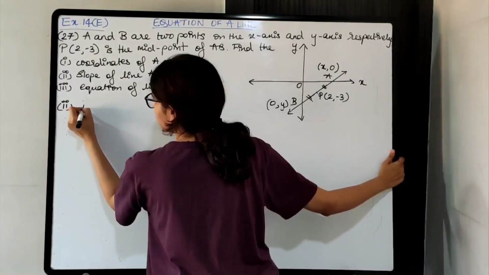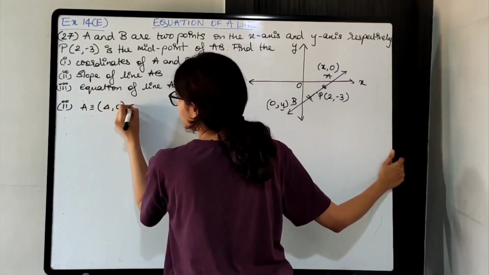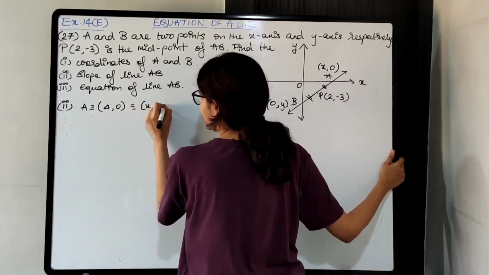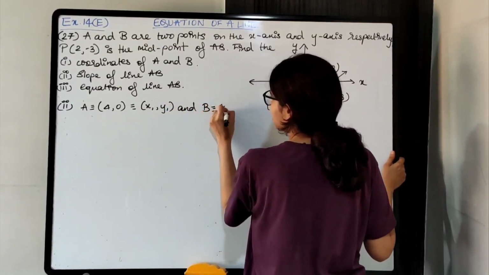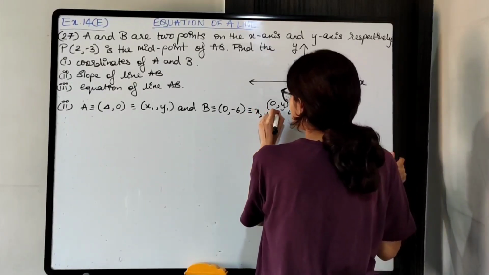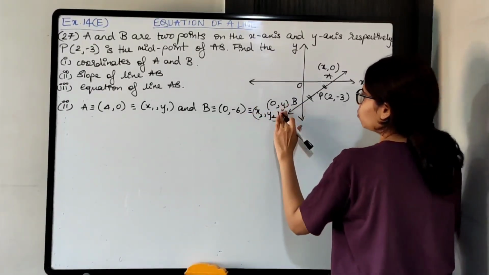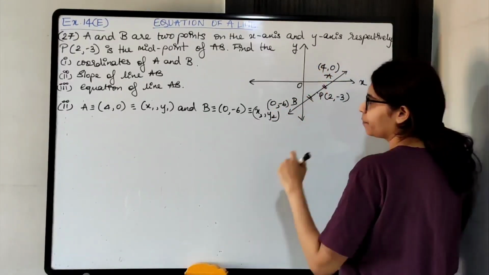Okay. So A is 4, 0, which we are taking as x1, y1, and B is 0, -6, which we'll take as x2, y2. Okay. So 0, -6 है, ये 4, 0 है.